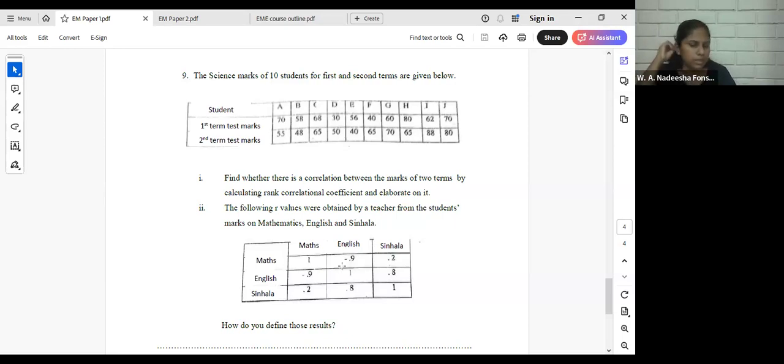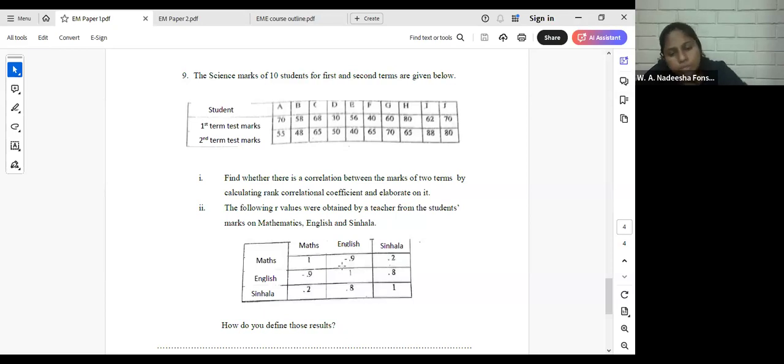If a student got high marks for English, we can't say that he may get high marks for maths. Definitely it will be low marks for maths, because the relationship between English and maths is negative. That is minus 0.9, opposite.